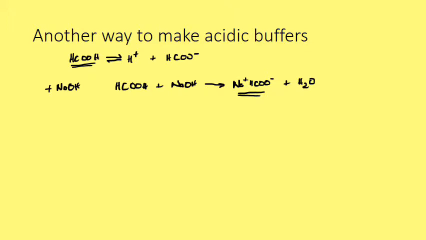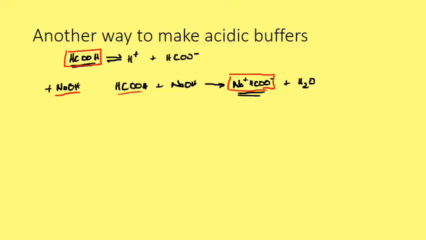So just to recap, in this way we're going to start off with our methanoic acid as before. And that's only very slightly dissociated, so that we've got lots of methanoic acid particles in the equilibrium mixture. And by adding the sodium hydroxide, that's reacted with some of the acid particles to make these sodium methanoate ions.